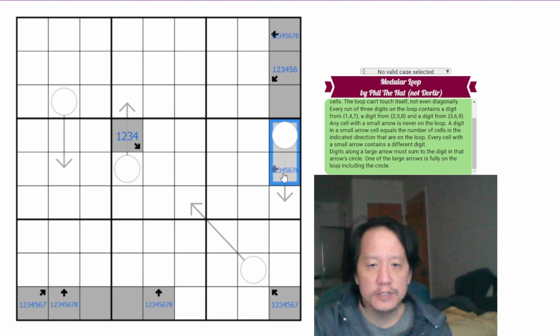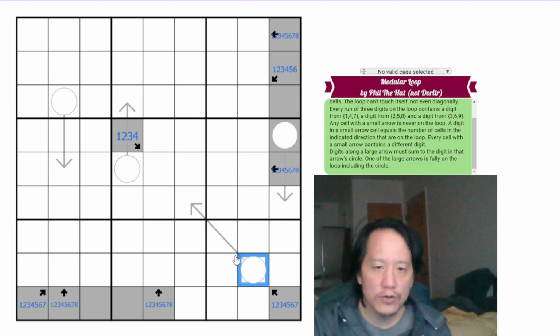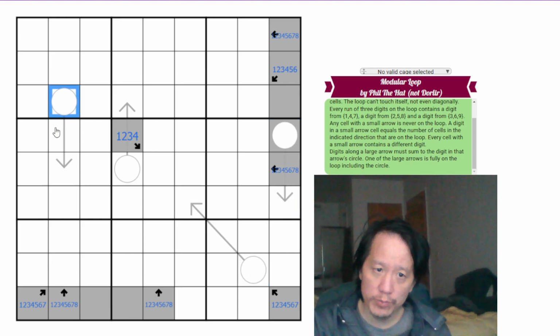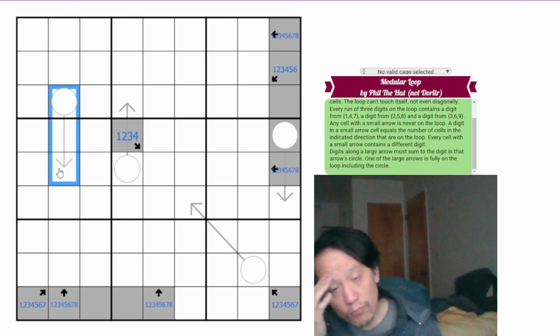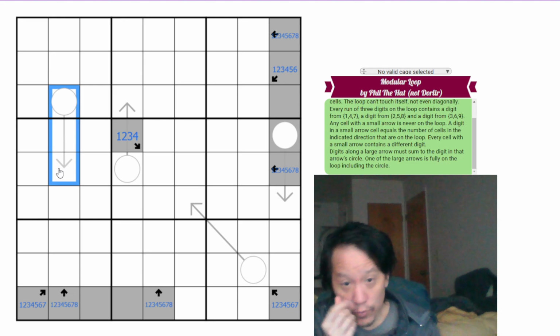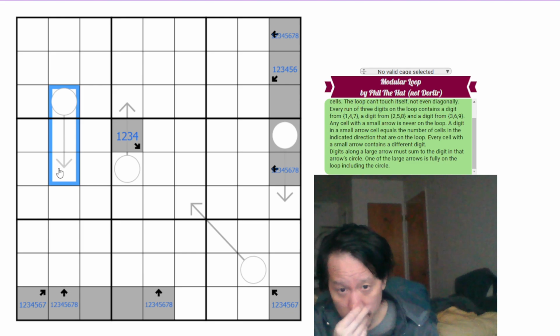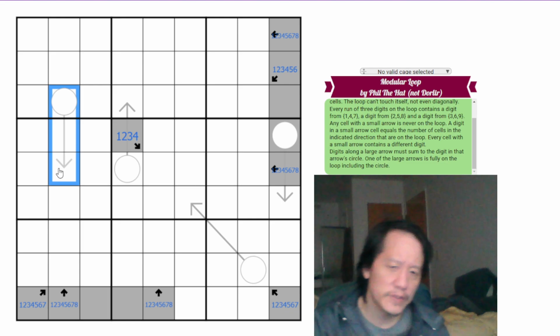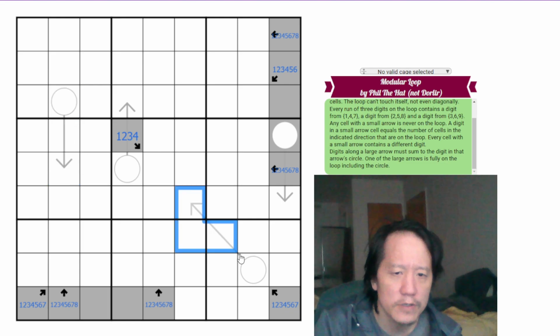Okay, so this cannot be the arrow that's fully on the loop. This cannot be the arrow that's fully on the loop. It could be this one, or it could be this one, right? So we don't know. Can it ever be this one, is the question.